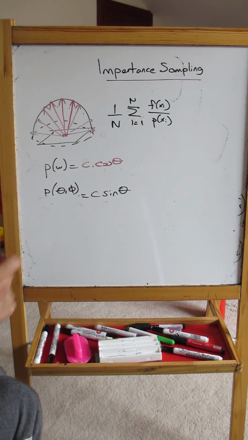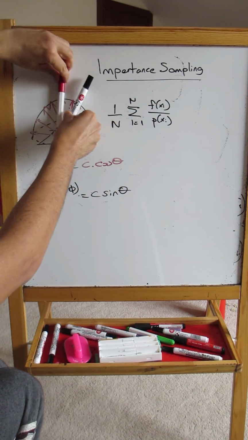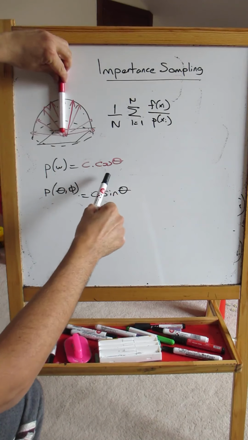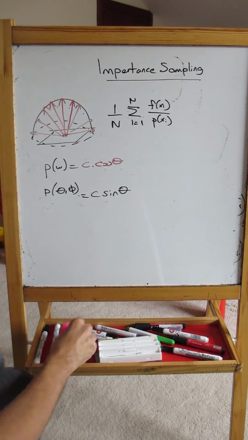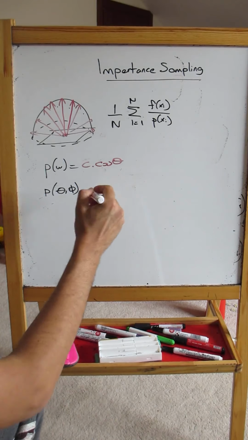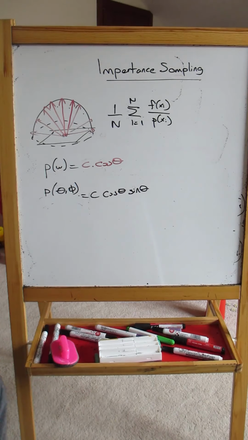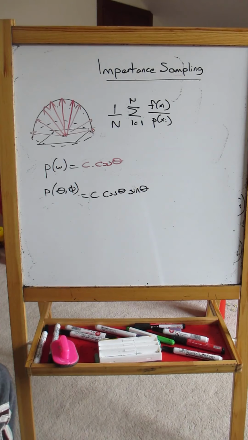And because we are measuring theta with respect to this perpendicular axis, this probability density gives higher probability to vertical directions. So here I will replace this with C times cos theta times sin theta. Almost the same as before, except we now have this cos theta term. This is also known as cosine sampling the hemisphere.